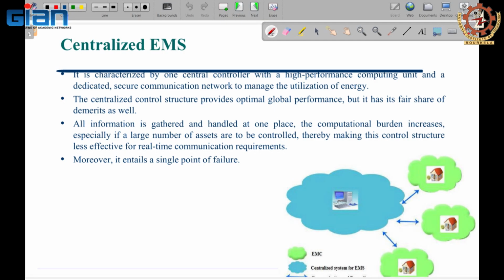Of course, we are putting our best efforts into secured connections and high performance computing. Still, because of the huge volume of data and information to be processed, it can have delay, it can be less effective. And if this centralized control system fails, it can be a major issue.